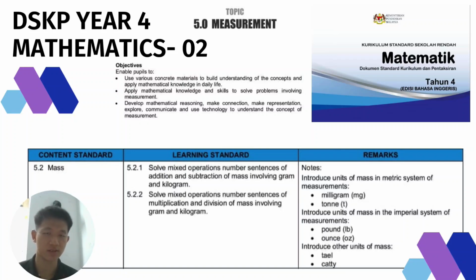Then introduce the unit of mass in the metric system of measurement, which is milligram, mg, and tonne, T. Introduce the unit of mass in the imperial system of measurement, lb, and introduce other units of mass.